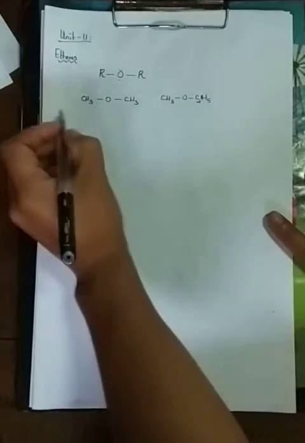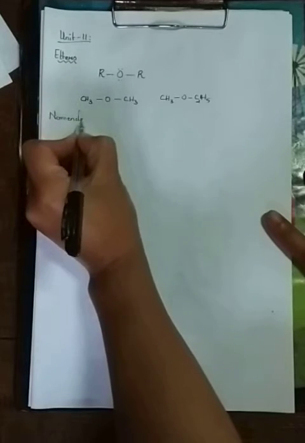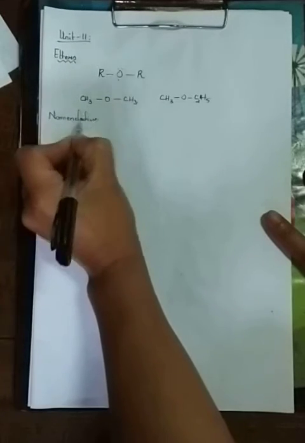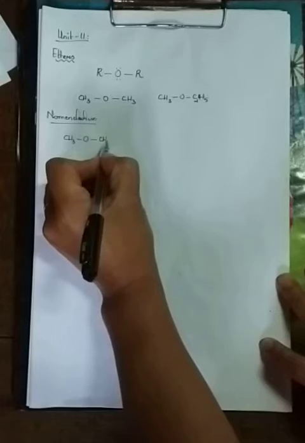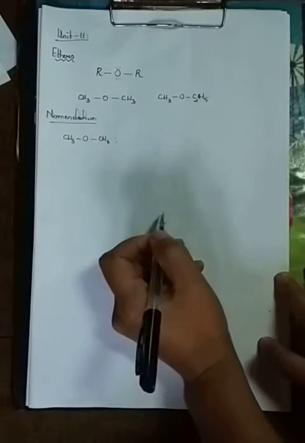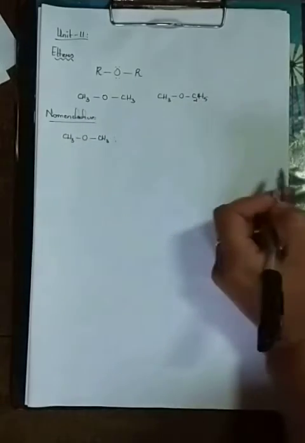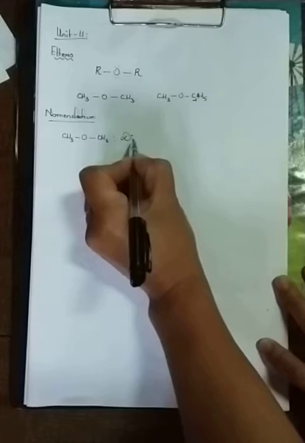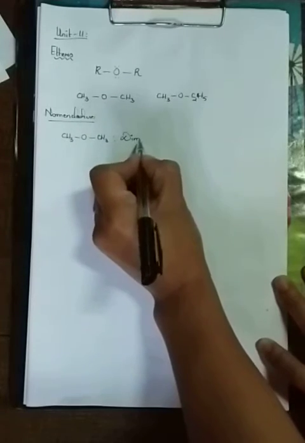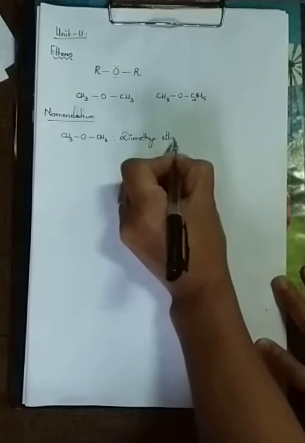Now let's check out the nomenclature of our ethers. Let's take this example here, our first example, CH3OCH3. The common name here is that we have two methyl groups attached to our divalent oxygen. Therefore it will be methyl ether.